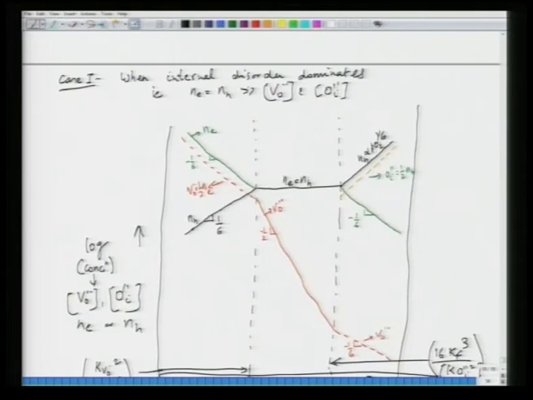Okay. So, now we will see what happens with OI. OI again varies in the intermediate pressure range as plus half. So, this point of intersection would be parallel somewhere here.